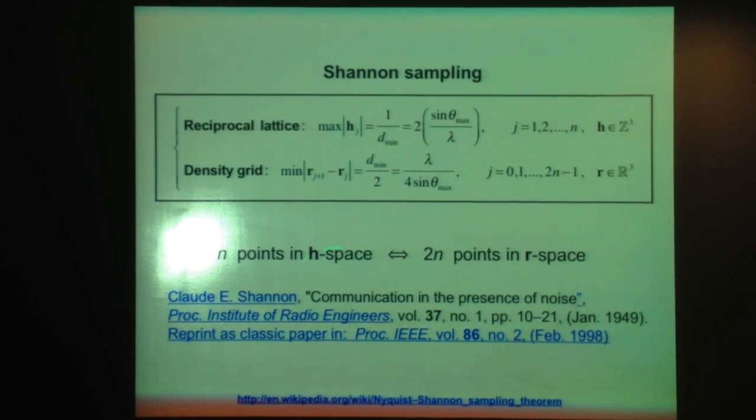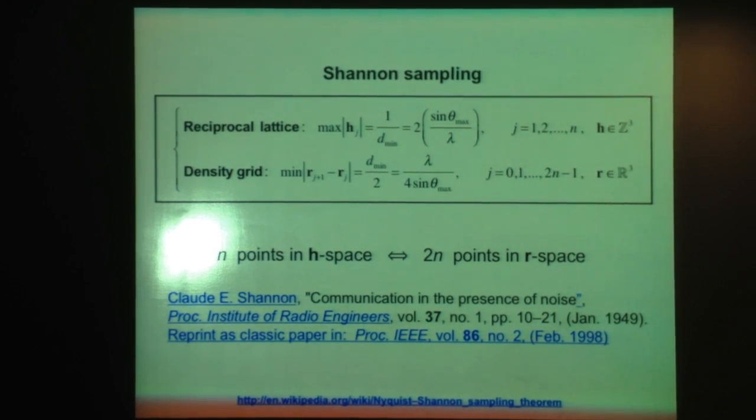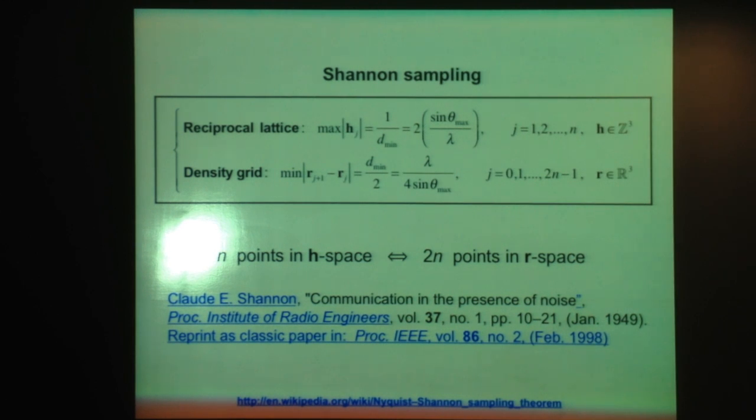So if we make a set of measurements, a three-dimensional set of measurements of the diffraction pattern, and end up with a total of N endpoints, then we would consider in real space a density on a grid of a total of twice that. Or, considering a given grid, we have reciprocal lattice points corresponding to half that many grid points.